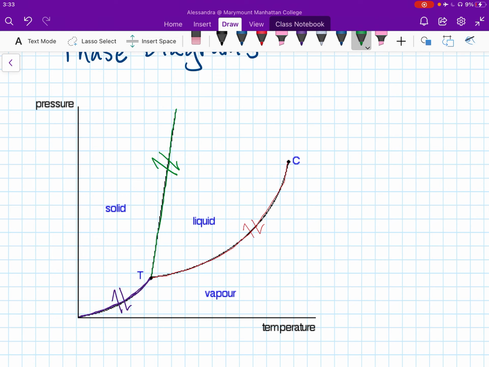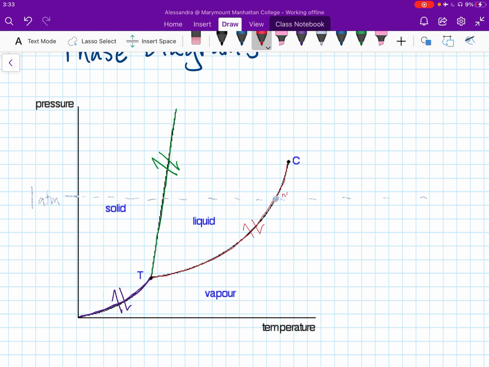Now, there are a number of things that you can get out of a phase diagram. Let's just arbitrarily say that on my pressure axis here, the pressure is 1 atmosphere right here. That means as I go across that I have the normal boiling point here.